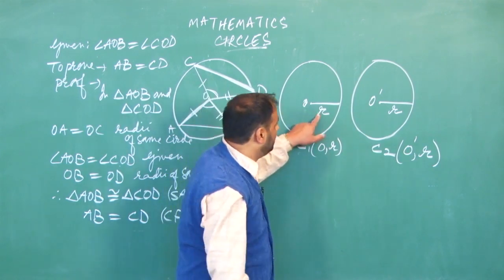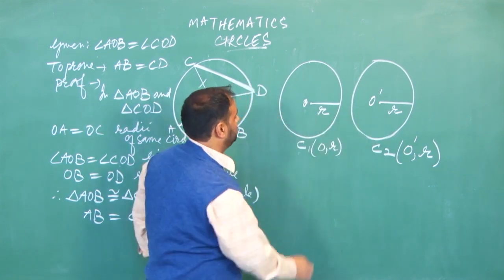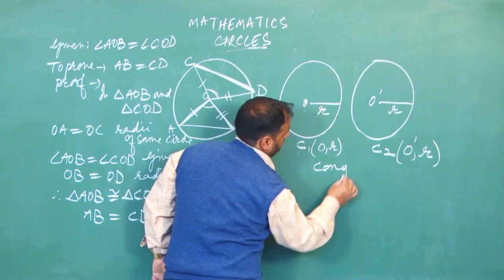In both circles, the length of the radius is the same. We can call these circles congruent circles.